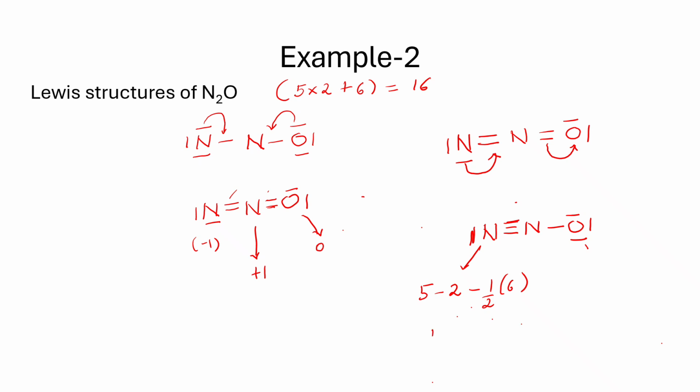So this is going to be 5 minus 2 minus 3, which is 0. So now the formal charge on the left nitrogen atom has been reduced to 0.